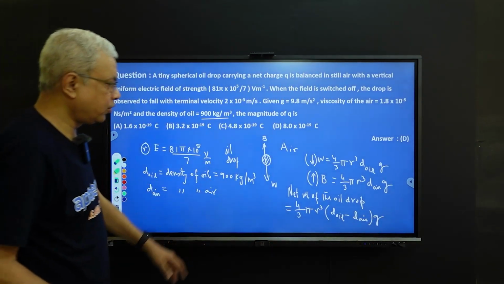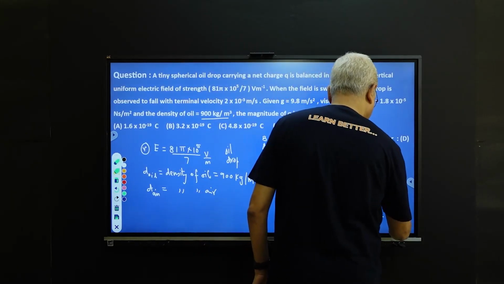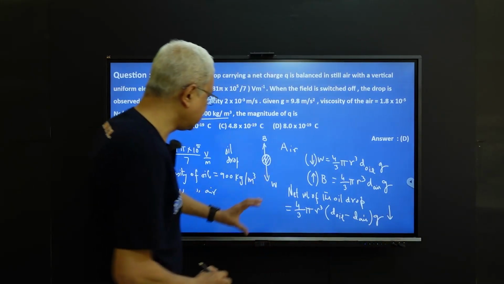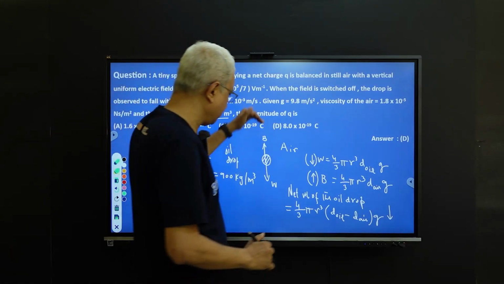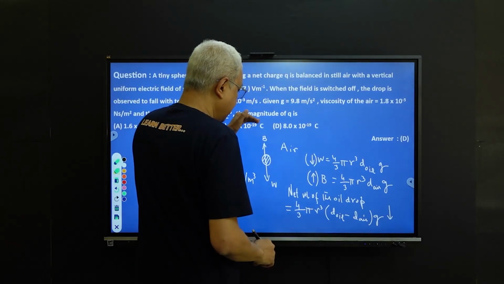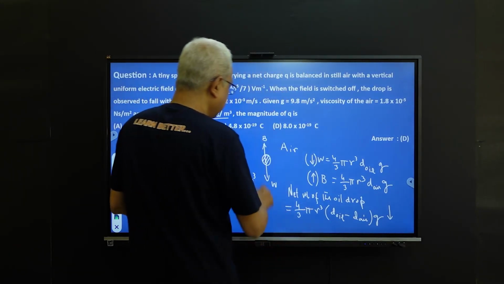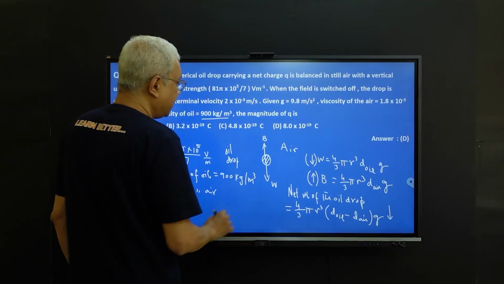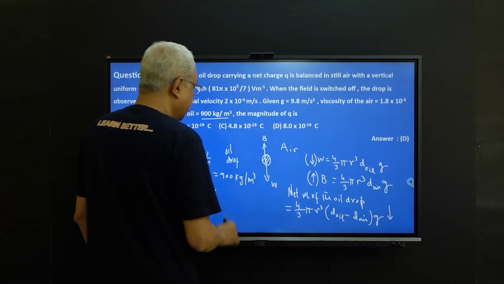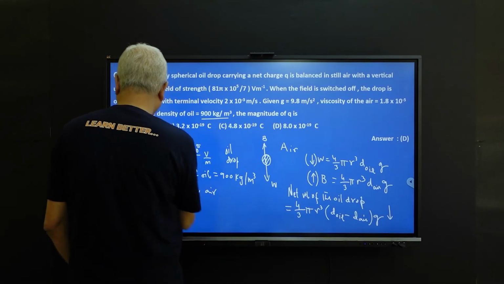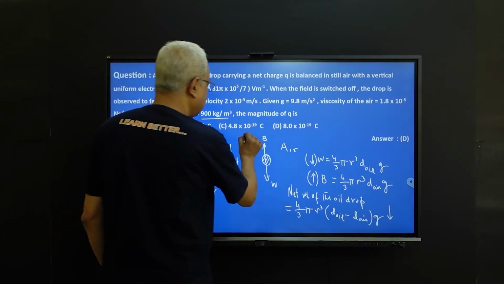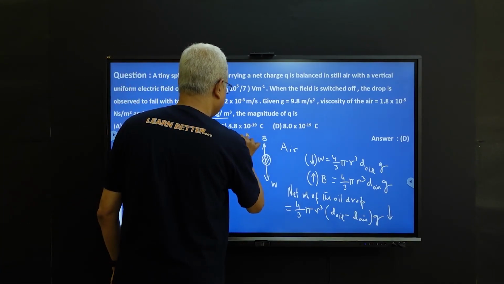This is the net weight of the oil drop, which is in the downward direction. And this net weight, W minus B, is acting in the downward direction. It is being balanced by the electrostatic force. The electric field is in this direction.